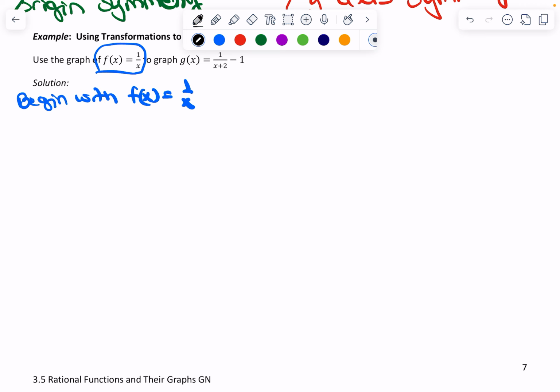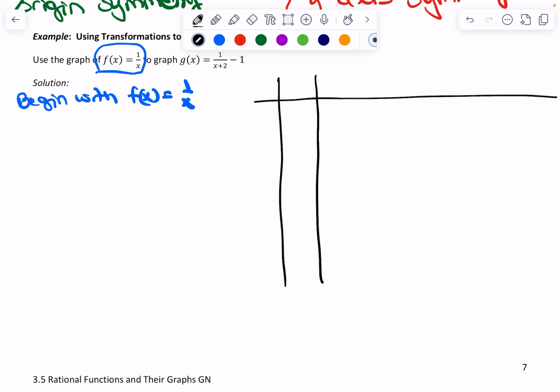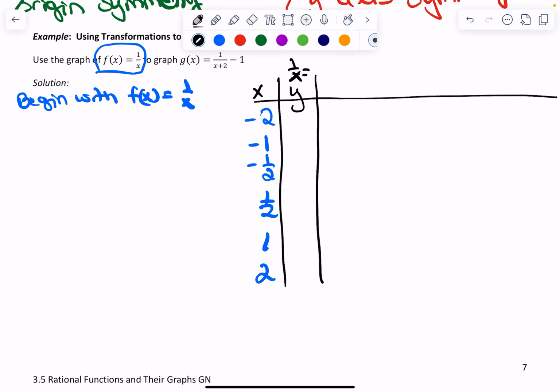Let me do a table here. We have an x, we have a y, 1 over x. I'm going to plot 5 different points: negative 2, negative 1, negative a half, a half, 1, and 2. Hold on, I'm missing a half.